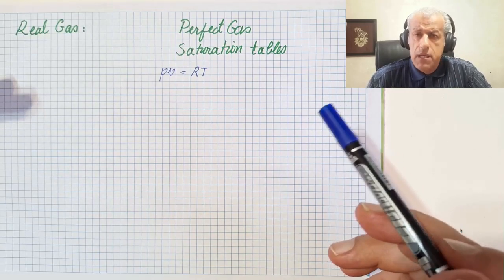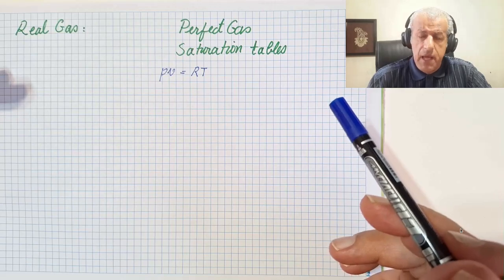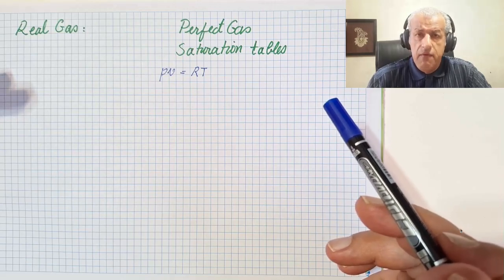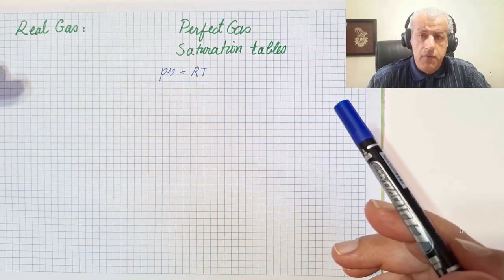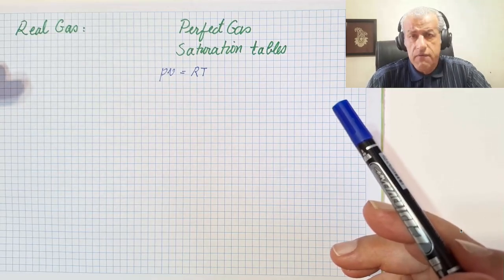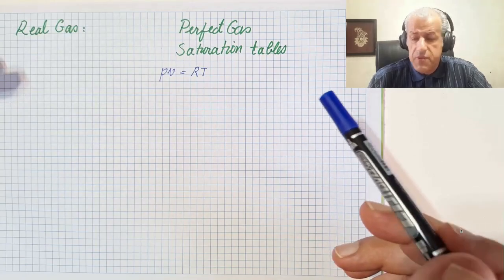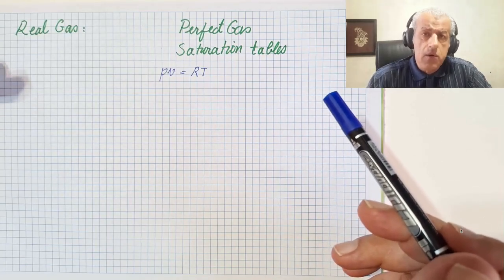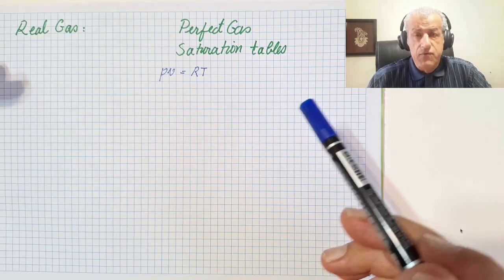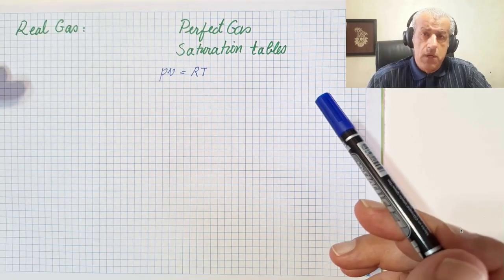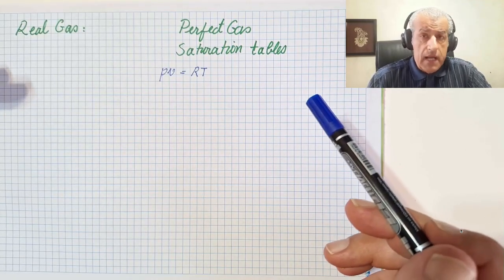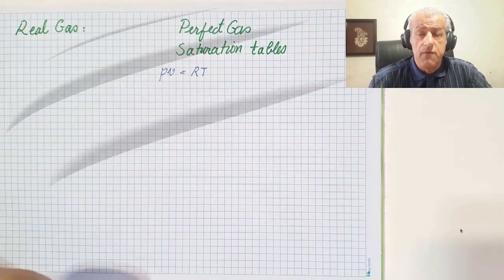But in other cases, like the example I'm solving this time, we have ethane. For ethane, we don't know if it's a perfect gas or not. Can we use PV equals RT or not? What you have to do is to learn how to calculate different properties for ethane.